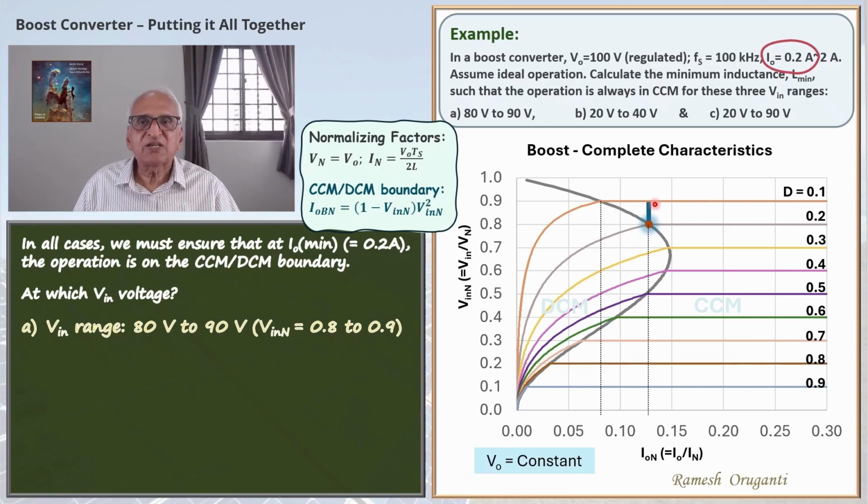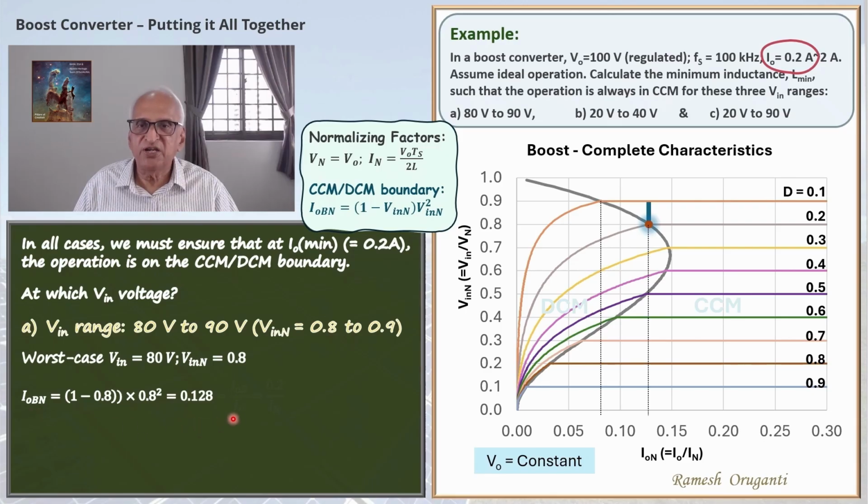So the worst case input voltage here is Vn equal to 80 volts or Vnn equals 0.8, the lowest value in the range. Substituting that, we will get the worst case IOBN. So IOBN is 1 minus 0.8 times 0.8 square, that is 0.128.